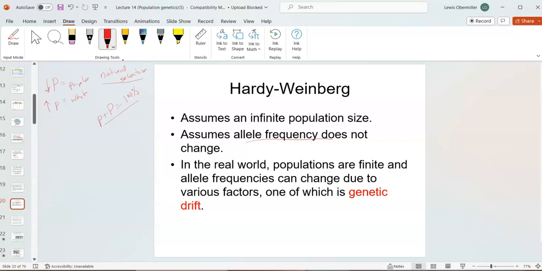The black moths on the black trees, the frequency of the black allele increased because they're camouflaged. The frequency of the white moth allele decreased in that population. And then it flipped.